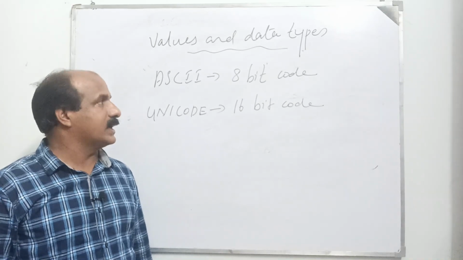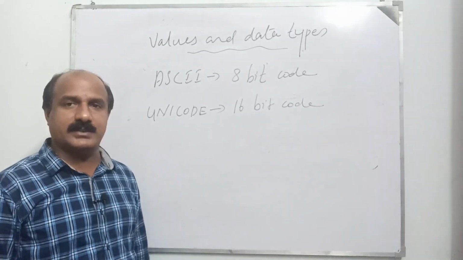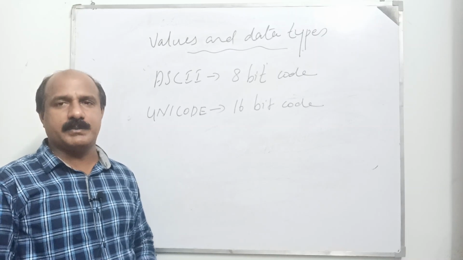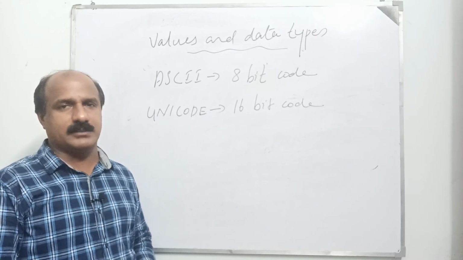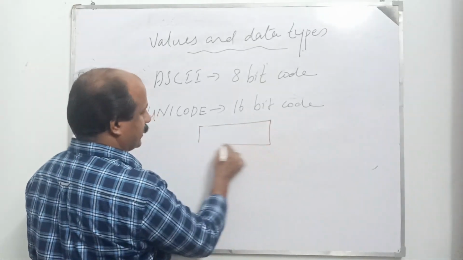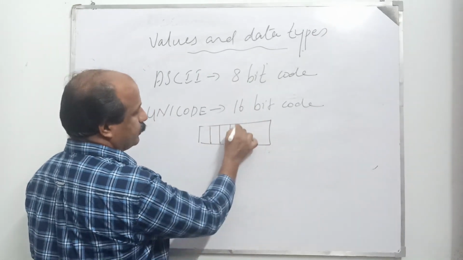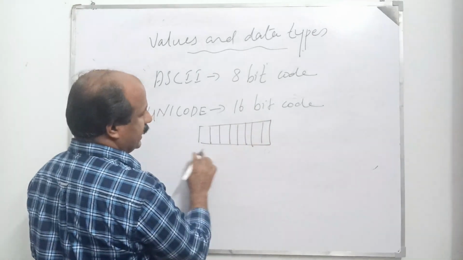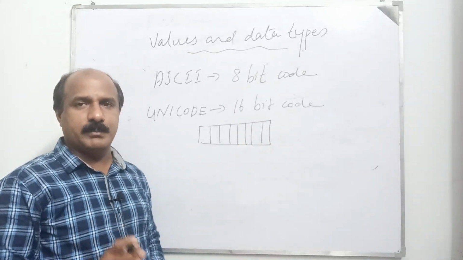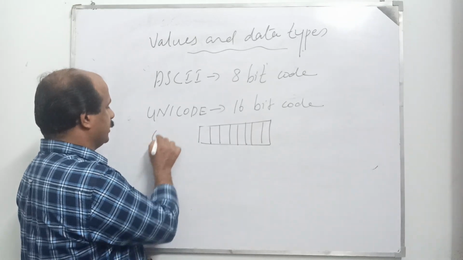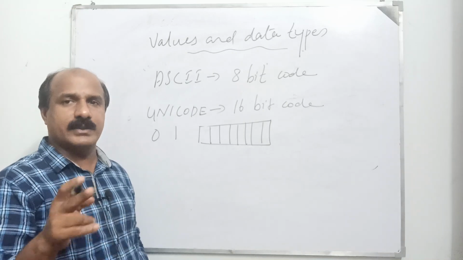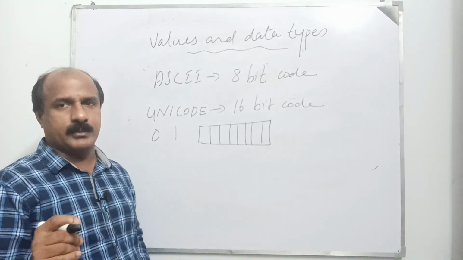So you may be asking, what is an 8-bit coding system and a 16-bit coding system? What is the difference? There is a big difference between 8-bit and 16-bit. See, in ASCII, for representing one character, 8 bits are used in the memory. One bit means either a 0 or a 1.